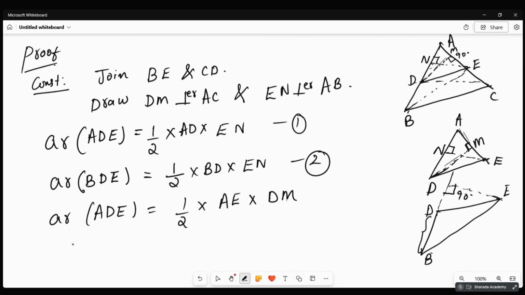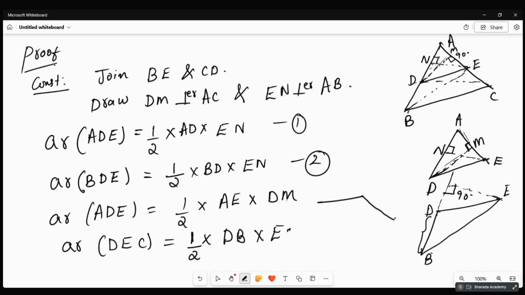I got. Then area of DEC. That is half into DB as the base, into EM. Wait.